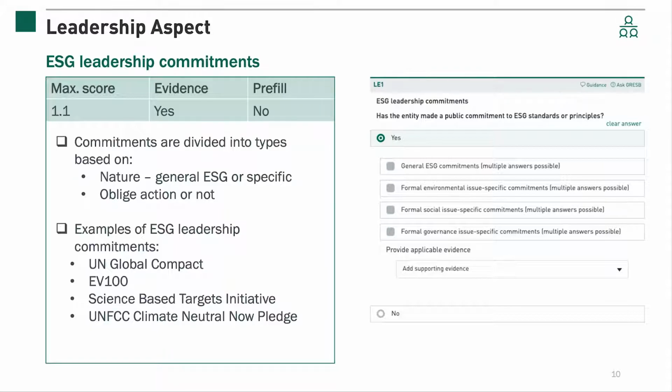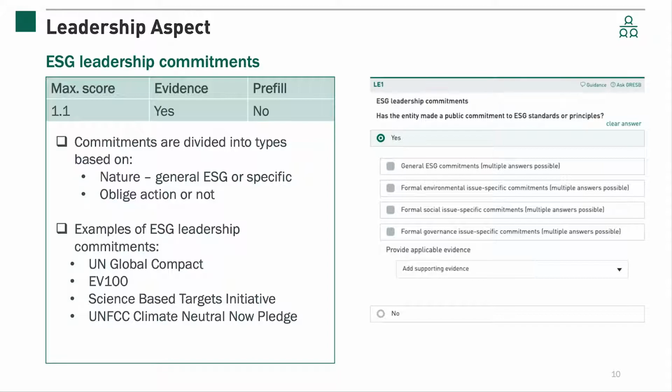Once a participant selects if the commitment is general or specific, another nested question appears, which categorizes commitments as either obliging the organization to take action or not obliging the organization to take action. Commitments that do not oblige action are more aspirational, like the Task Force on Climate-Related Financial Disclosure. More points are awarded to commitments that oblige action.